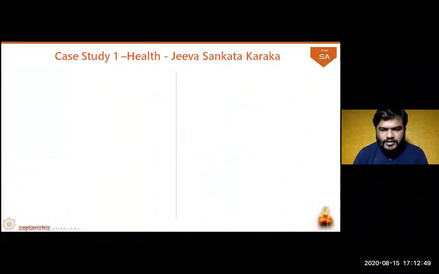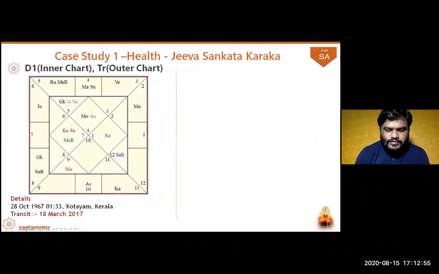Now I will take the first case. This is a horoscope. The inner chart is a birth chart, the D1 chart, Rashi chart, and the outer circle is a transit chart.